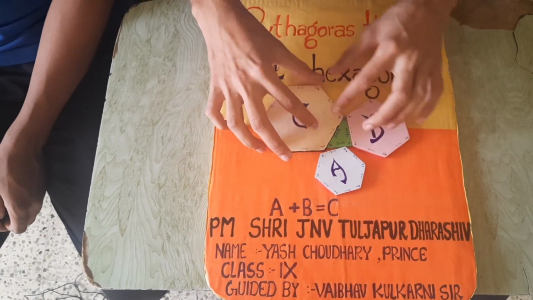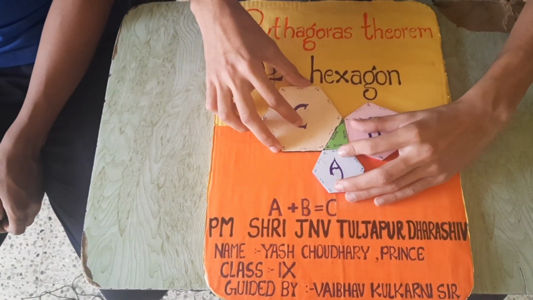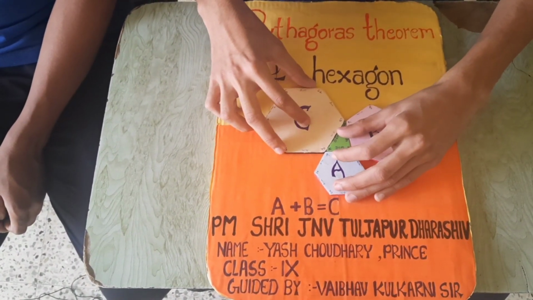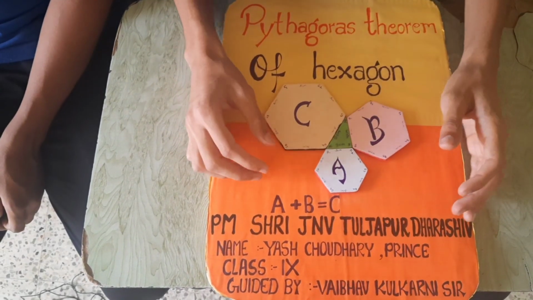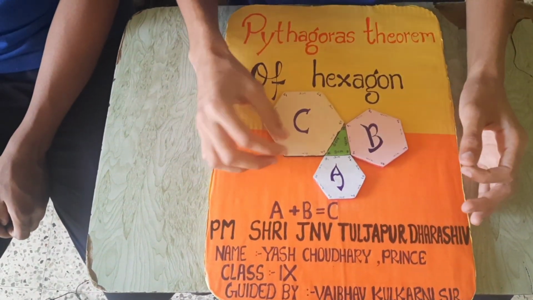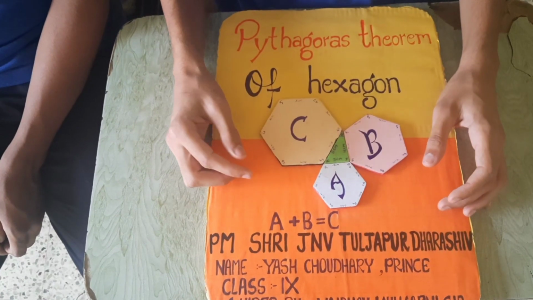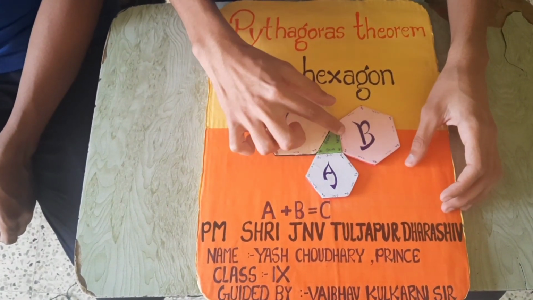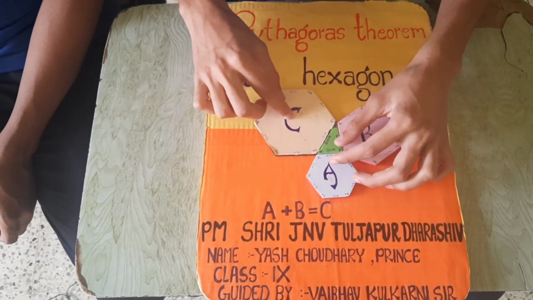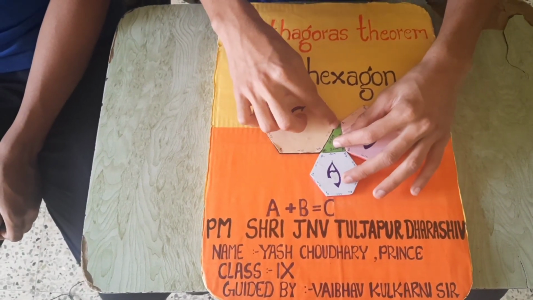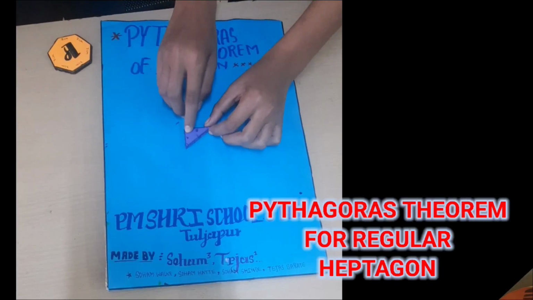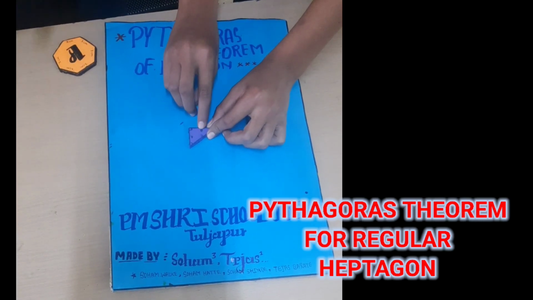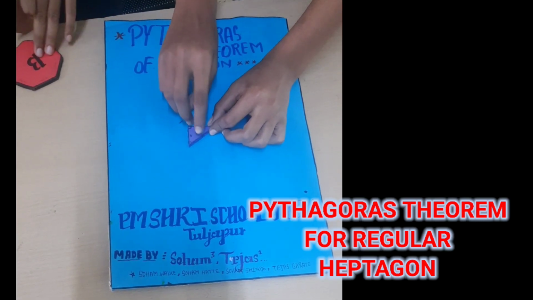Now we put them like that. Now we can say that the sum of the areas of hexagons on the base and perpendicular side is equal to the area of the hexagon on the hypotenuse.